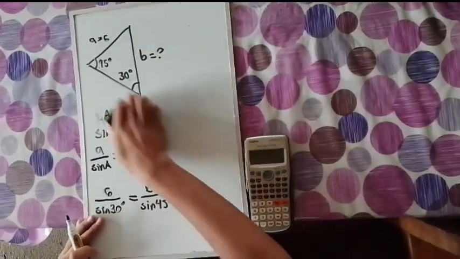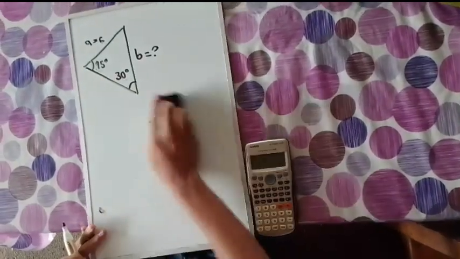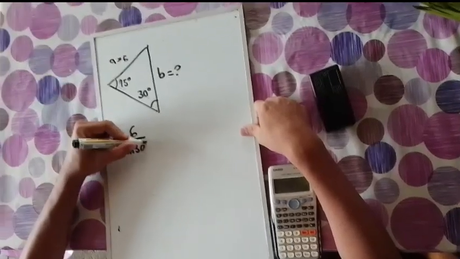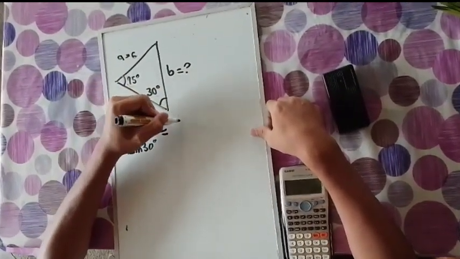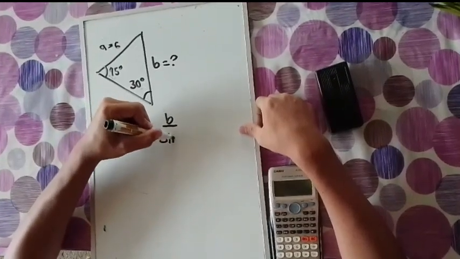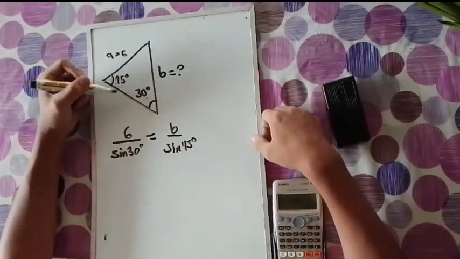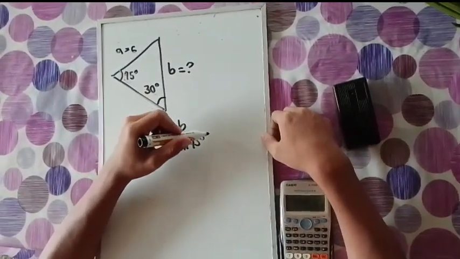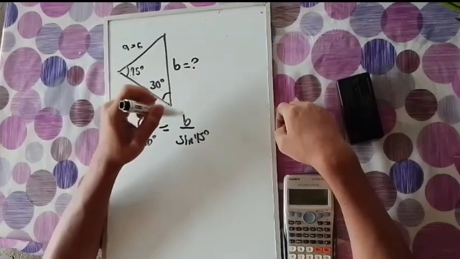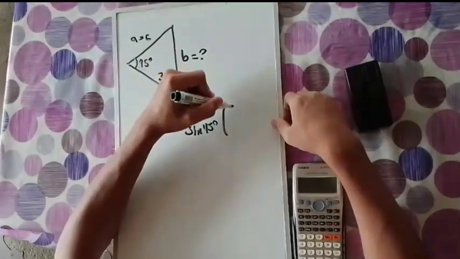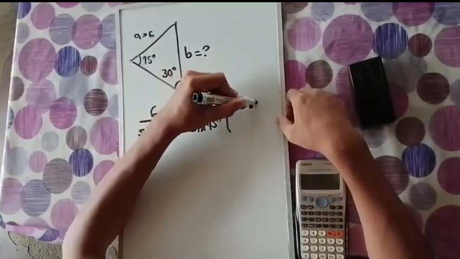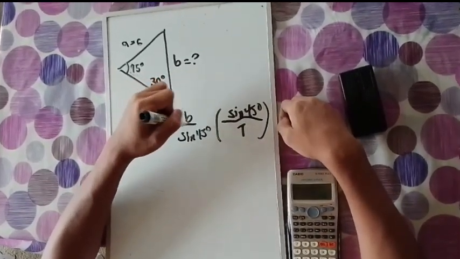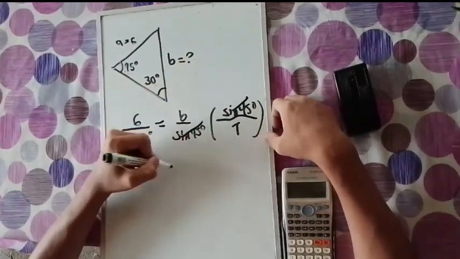Now let's try solving it. 6 over sine 30 degrees equals b over sine 45 degrees. To solve this, we need to cancel out the sine 45 degrees so that the only value left is b. To do that, we use the inverse method: sine 45 degrees over 1 times b over sine 45 will be equal to b.